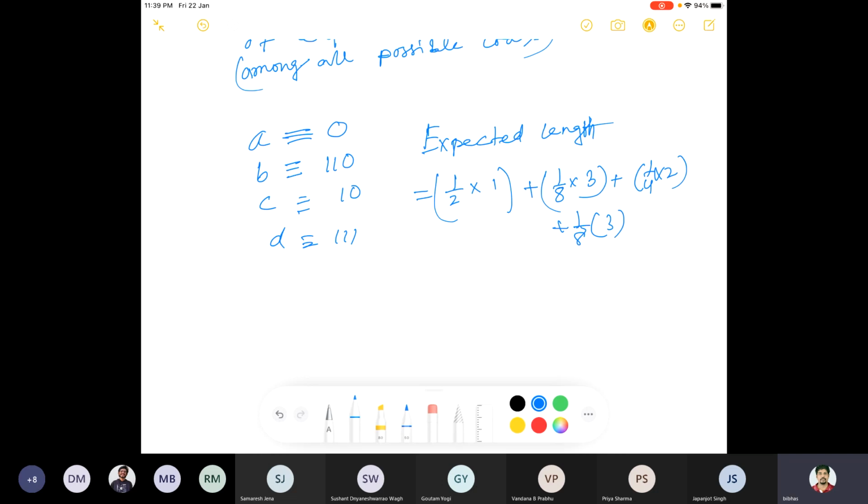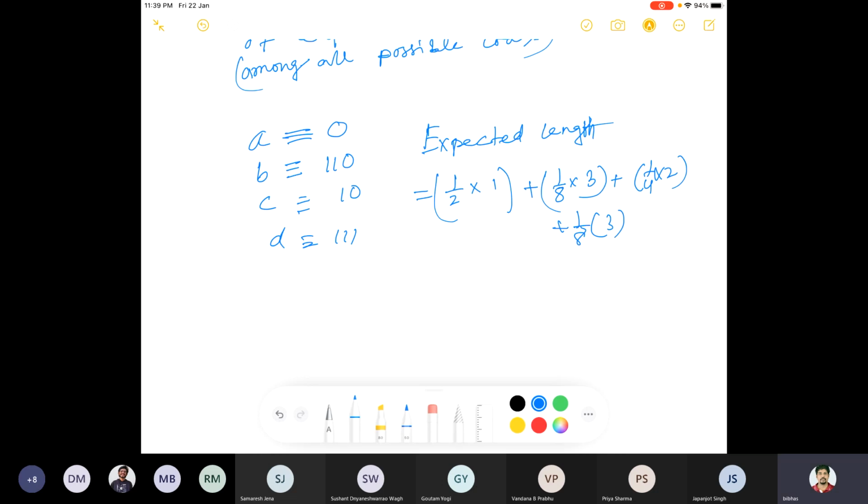Now, here is an observation. What is the entropy of this random variable ABCD? This is an information source. A is occurring with probability half, B with probability 1 by 8, C with probability 1 by 4, D is 1 by 8. What is the entropy of this random variable? Let us calculate that.